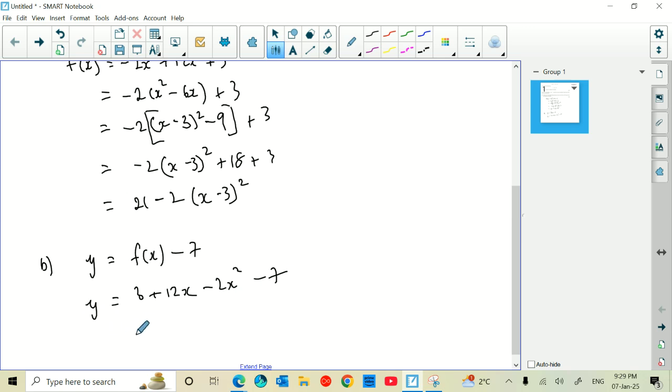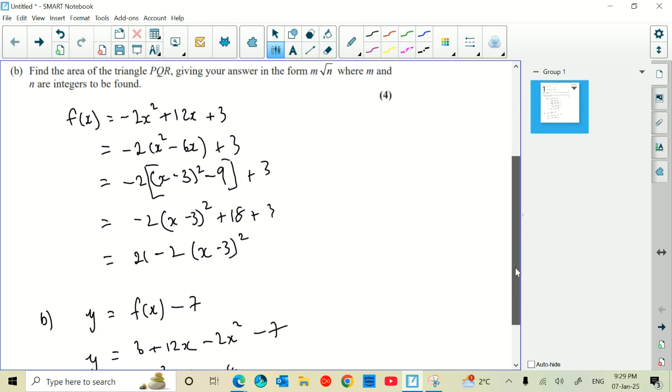Which means we have y is equal to minus 2x squared. I'll rearrange it again. Perhaps I should have used that at first, but never mind. Plus 12x and minus 4.